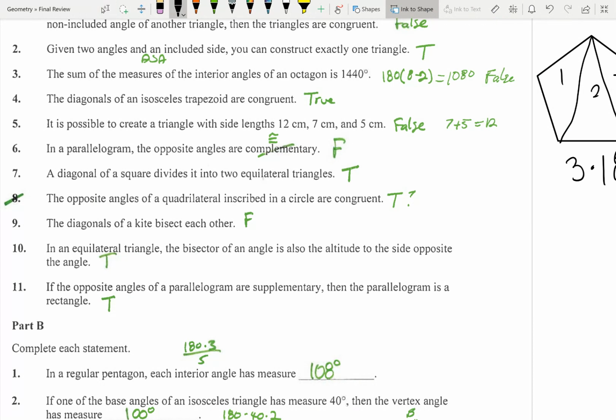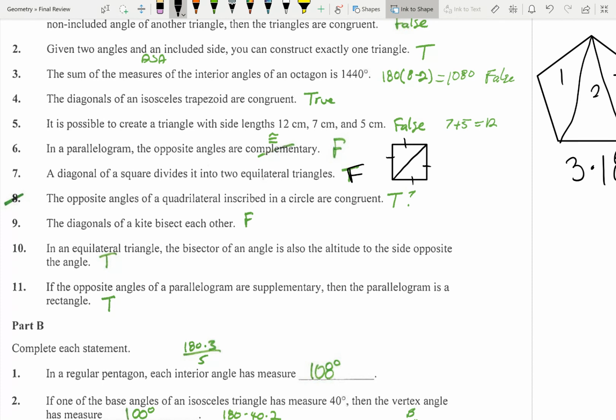Let's see. You have a square, and if you divide it, these sides are all the same, right? But the diagonal is longer, and so it divides into 2 isosceles triangles, not equilateral triangles. So this should actually be false.